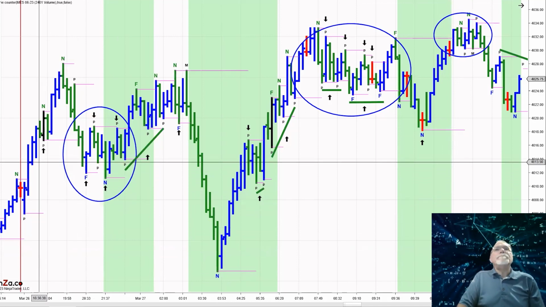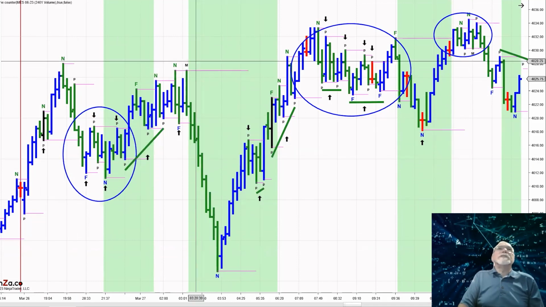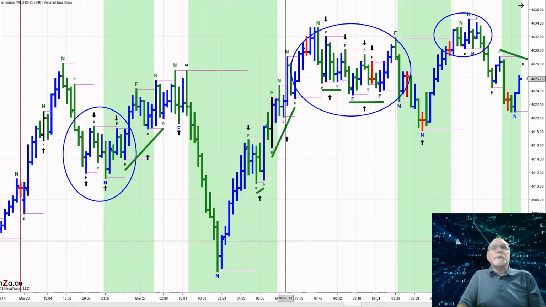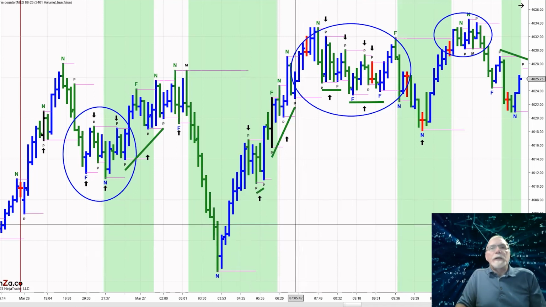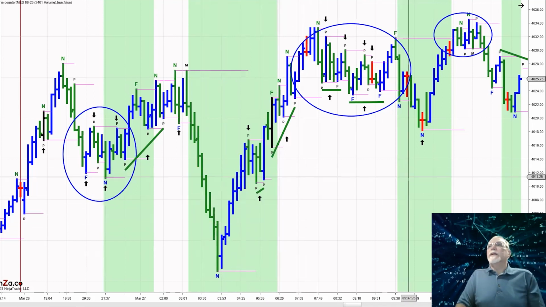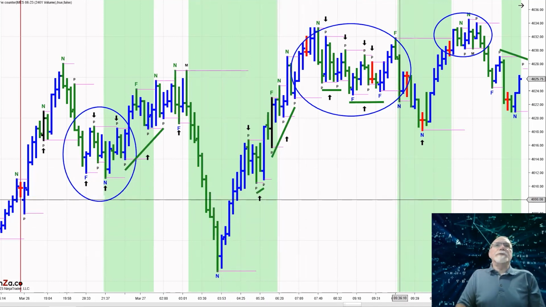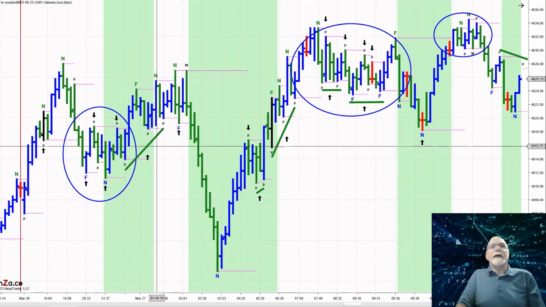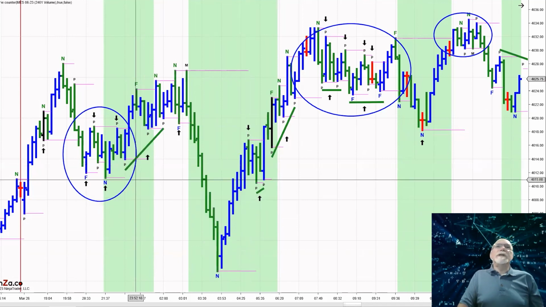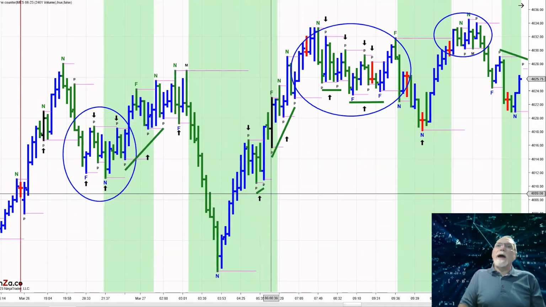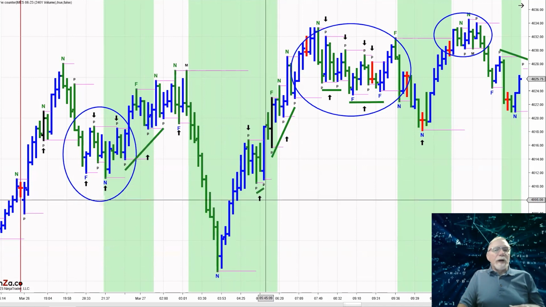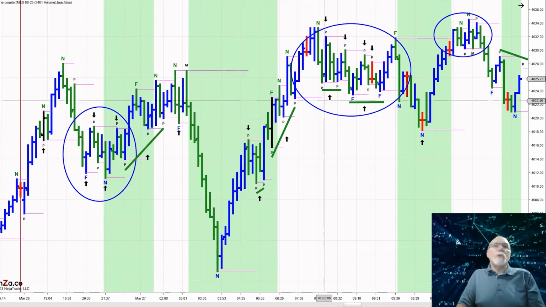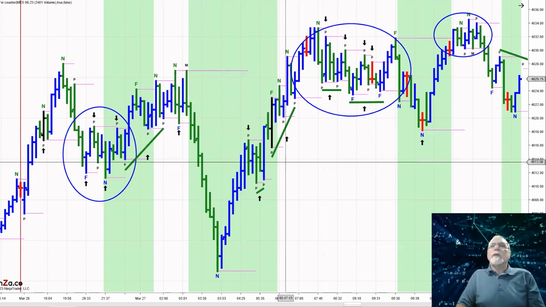This is early. The components of the chart. This is a 2,401 contracts per bar volume bar chart. Every bar is made up of the exact same amount of volume. The P's are price failures. That's where price naturally in this environment will pull back to give you a pivot point or a bouncing point that price is going to move away from.